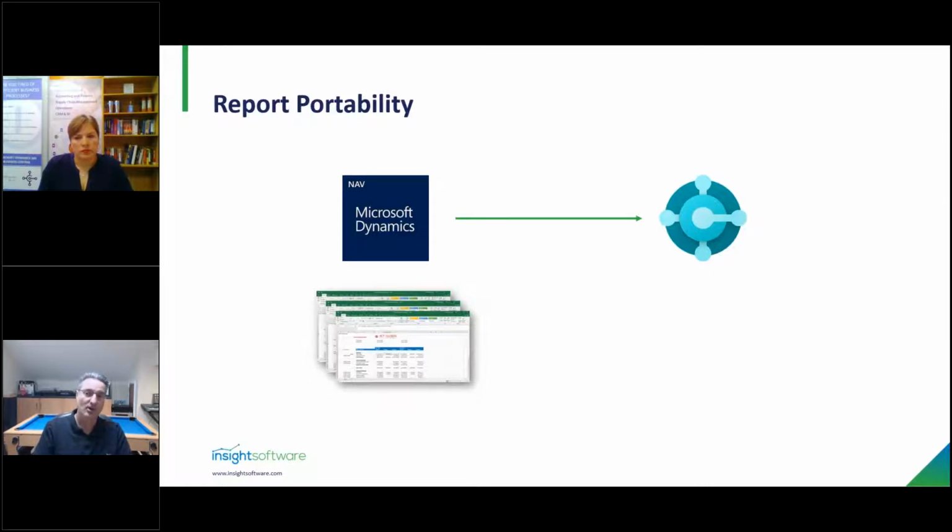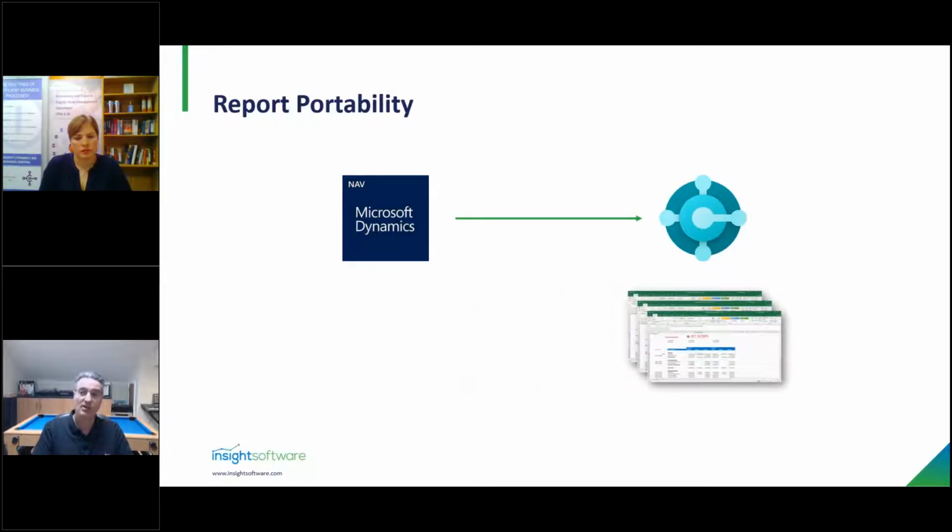So if you're working on Dynamics NAV at the moment and you're looking later on to migrate to Business Central, the way that the JET reports are run and the way that the functions are built, the reports effectively are identical, and you can just take your reports with you, point the existing reports at your new data source, and the reports will continue to run exactly as they did before. That is on the assumption that the table structure is the same between the old system and the new system, but in most cases, the database structure between NAV and Business Central is very, very consistent.